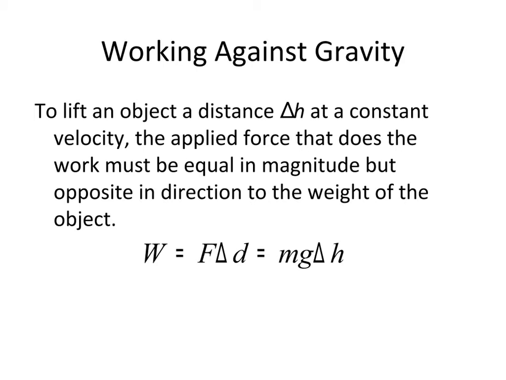But in this case, if we're lifting the object with a constant velocity, the force is equal to m times g. There's the weight of our object. And the displacement, or the magnitude of the displacement, is just equal to the change in the object's height. So that's another way to write the work done on the object as we lift the object.